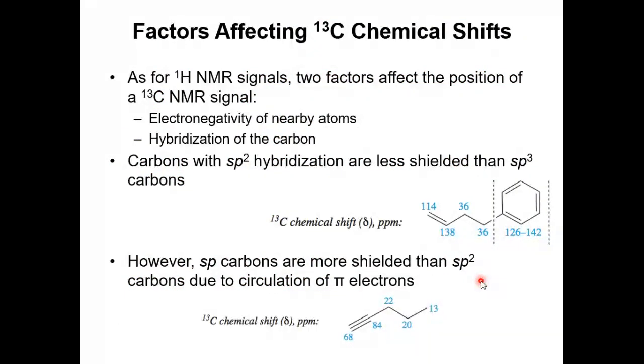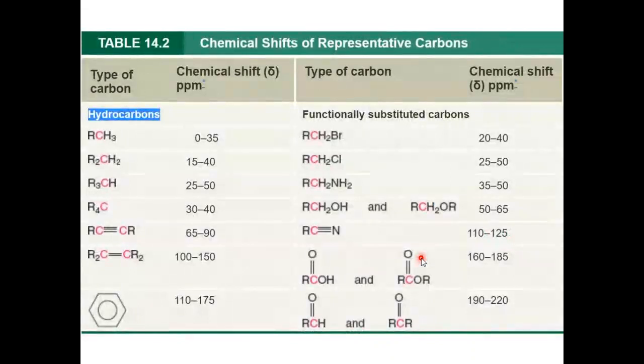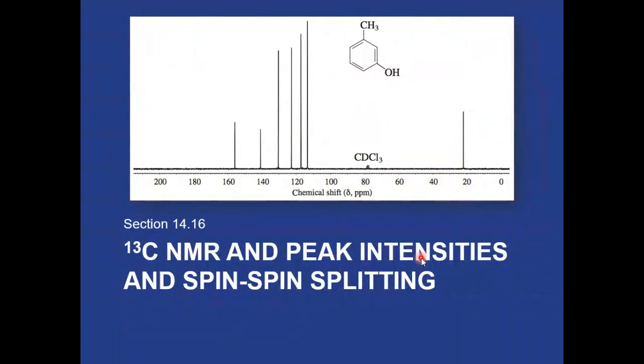And almost the same argument as we have seen in the case of proton NMR: I'm sorry, the sp2 hybridized carbon has a higher chemical shift value than sp3 hybridized carbon, but the sp hybridized carbon has a lower chemical shift value than sp2 hybridized carbon because of the circulation of pi electrons. That is exactly the same trend as we learned from proton NMR. So chemical shift values all follow the same trends.